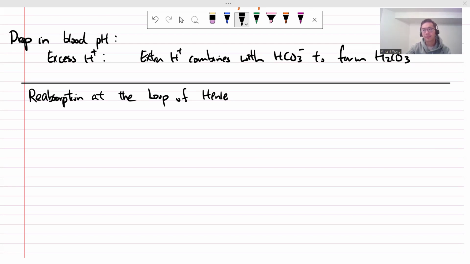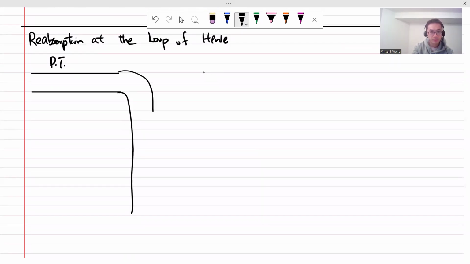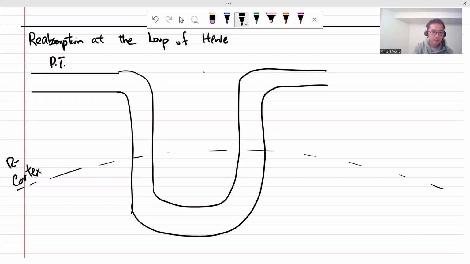Now, to help you understand this, I'm just going to give you some numbers again. So this is the proximal tubule, and then we're going to be going down, and we're going to come back up again. And this is the cortex, and this is the renal medulla.